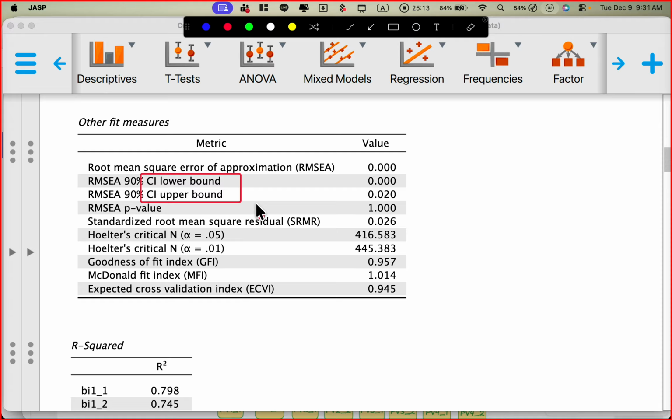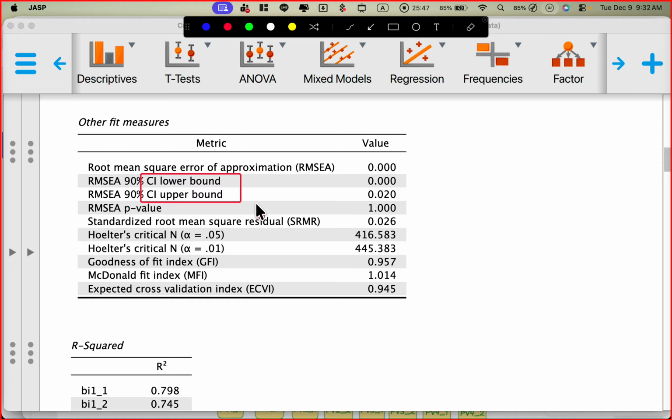Here the lower bound is 0 and the upper bound is 0.02. If the confidence interval does not include 0, it means significant. Let me say again: if the confidence interval does not include 0, it means significant.